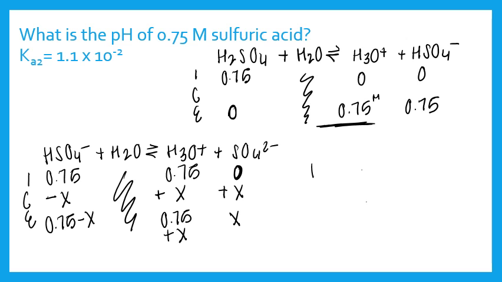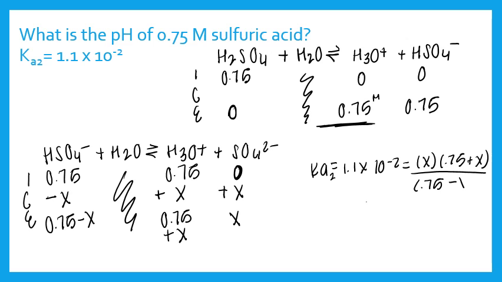And we know our Ka is equal to 1.1 times 10 to the negative 2, which is equal to x times 0.75 plus x over 0.75 minus x. All right, so we know that our x is not going to impact it greatly.